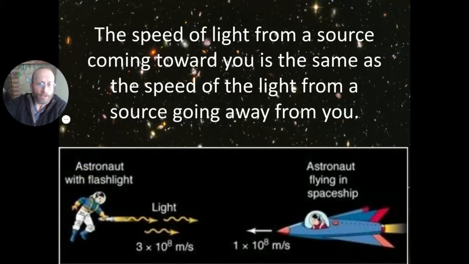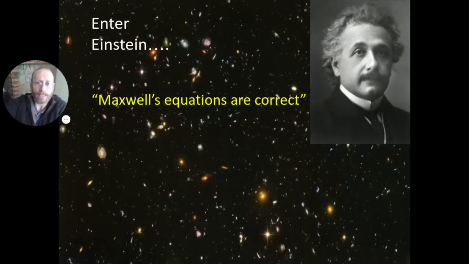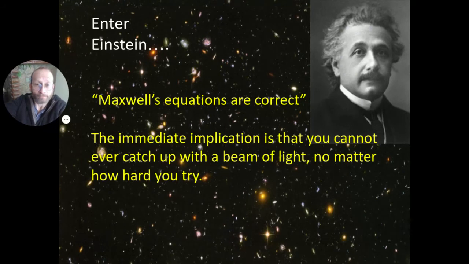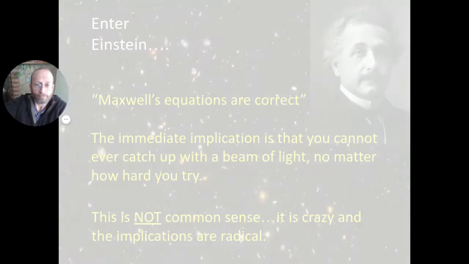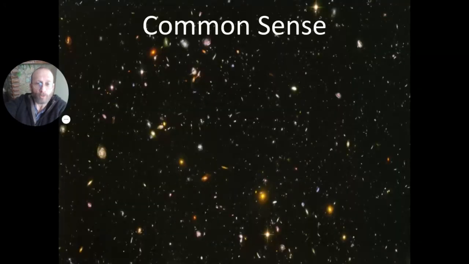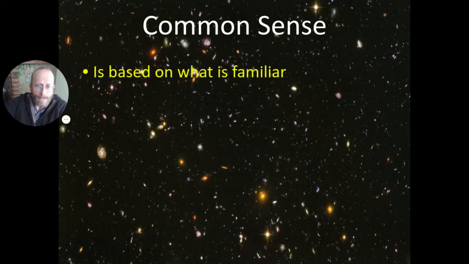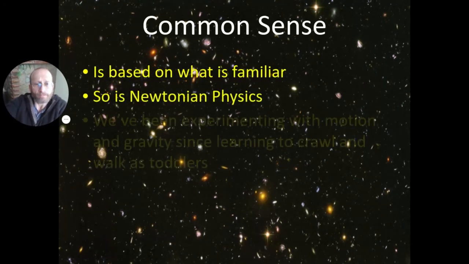So that's when people started saying, okay, well, that can't be right. Maxwell Clerk is just incorrect. And Einstein disagreed. Einstein said, no, this is just reality, and it's foreign to us. So, common sense is based on what's familiar to us, and physics is based on common sense.